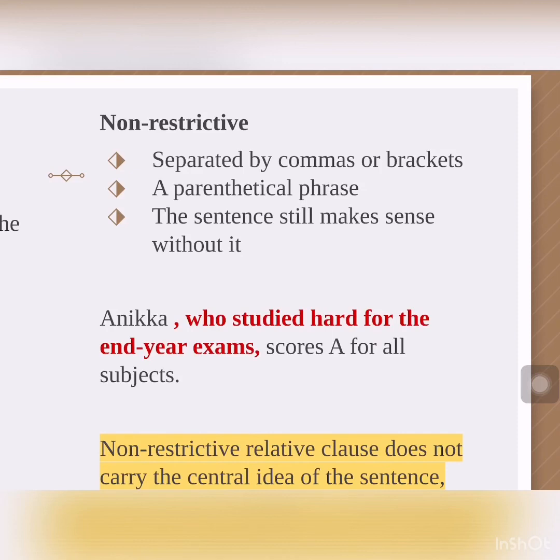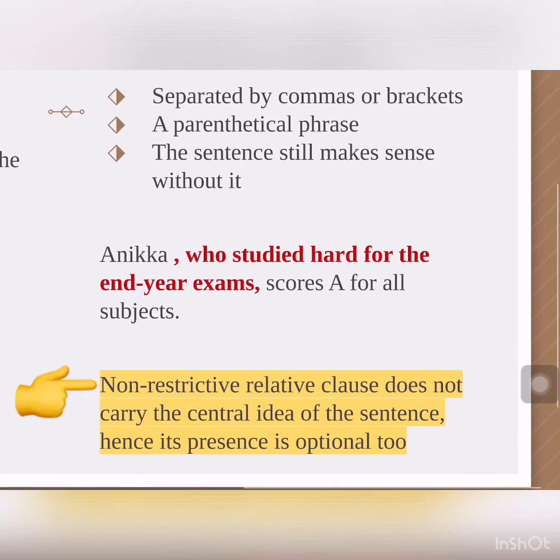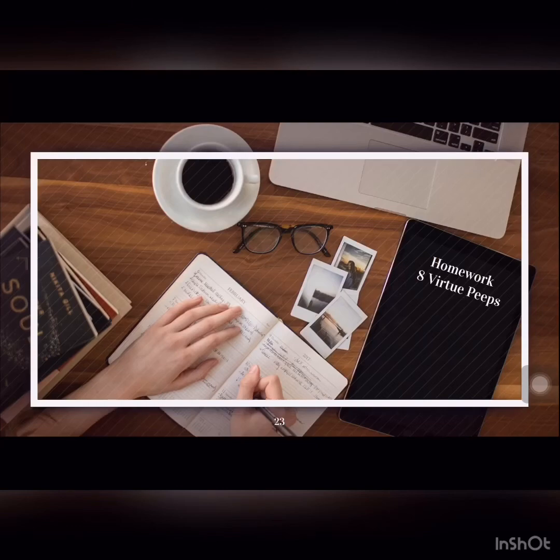So you need to put brackets or commas to indicate the added information, and that is a non-restrictive relative clause. So the note over here, a non-restrictive relative clause does not carry the central idea of the sentence, hence its presence is optional too.